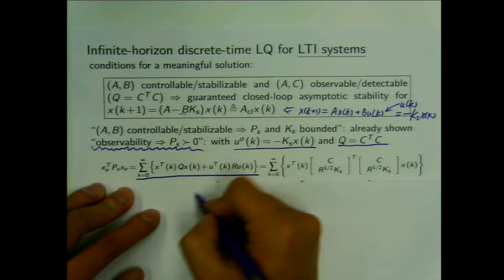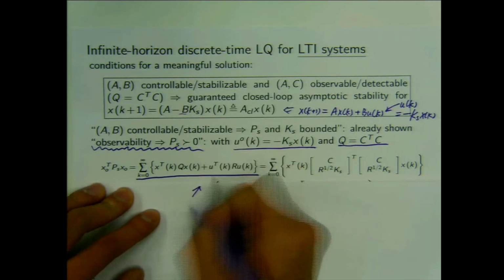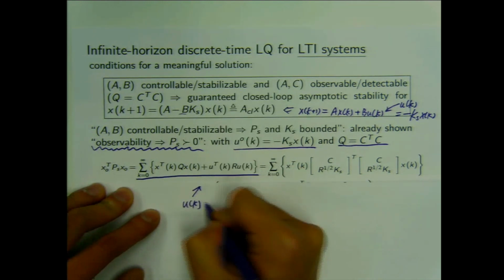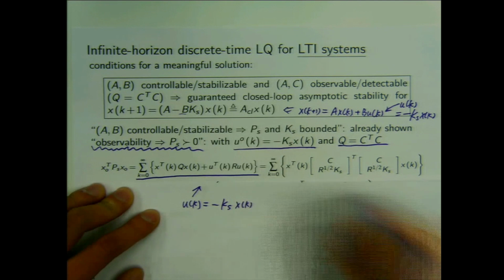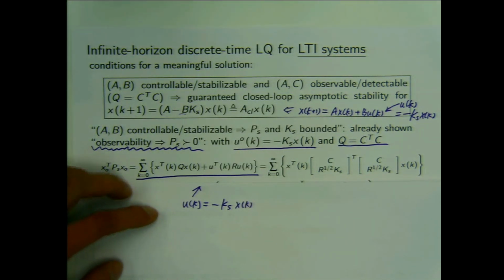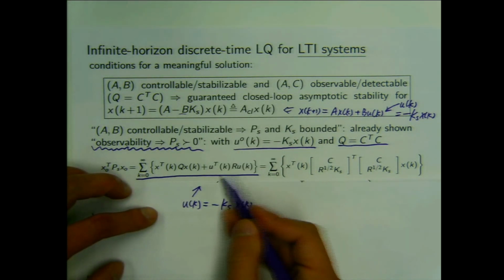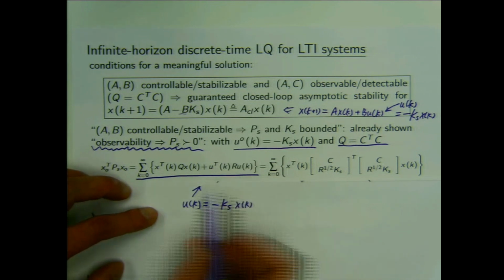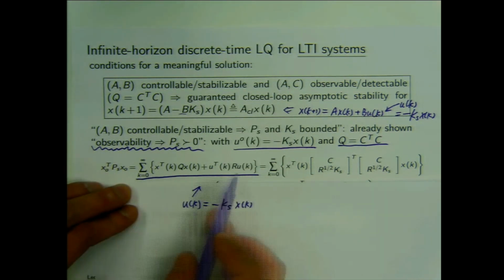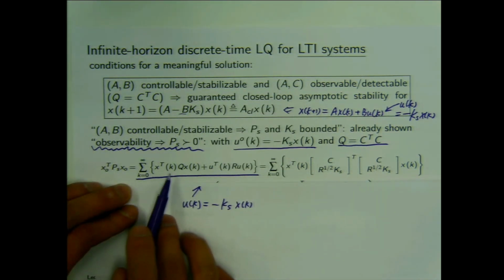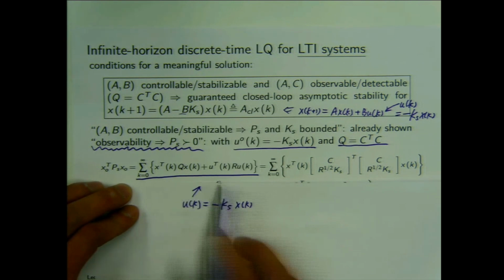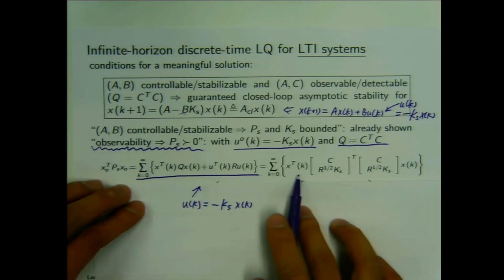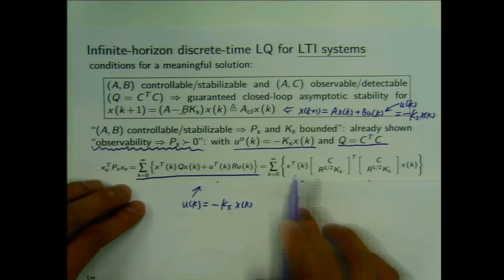You remember that this optimal control law is u_k equals negative K_x times x_k. If you plug this in here, you're going to see this cost is nothing but one quadratic function of x plus another quadratic function of x. So you can massage these two terms together. It's going to be a big quadratic function of x.